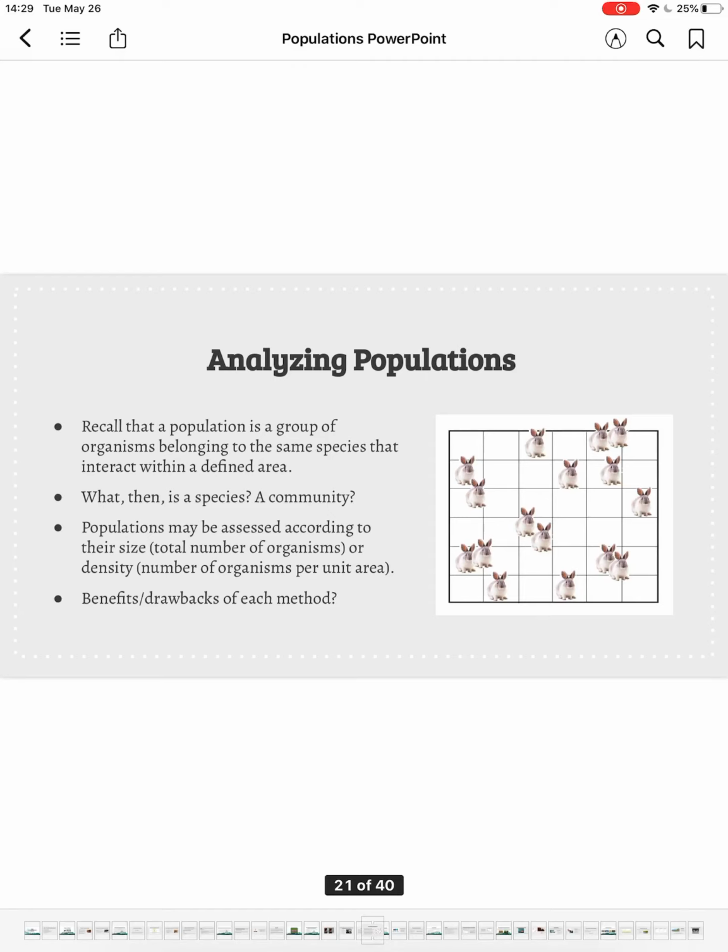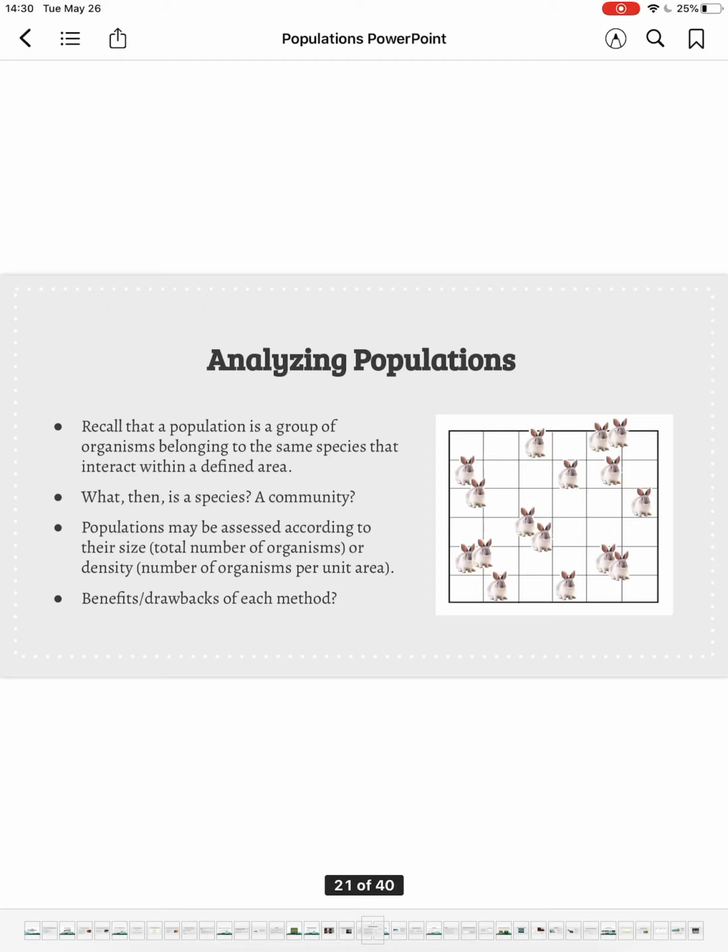So specifically, we are Homo sapiens, and our species is sapiens as humans. And then what is a community? Well, a community is an area that has basically a bunch of different species living in it. So that would make up a community, where a population is a bunch of the same species.